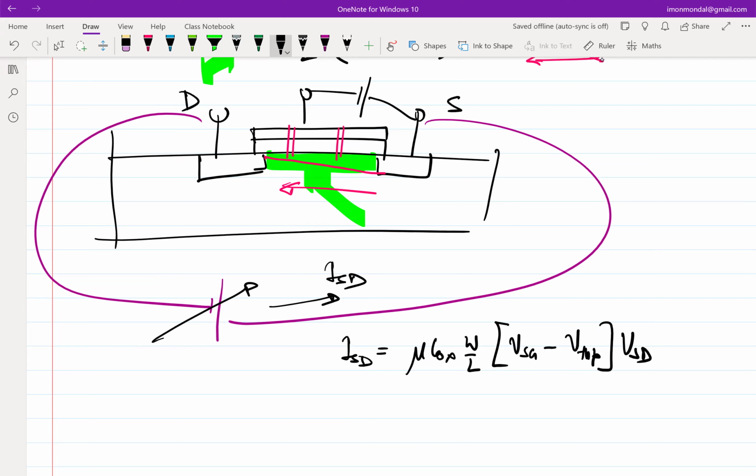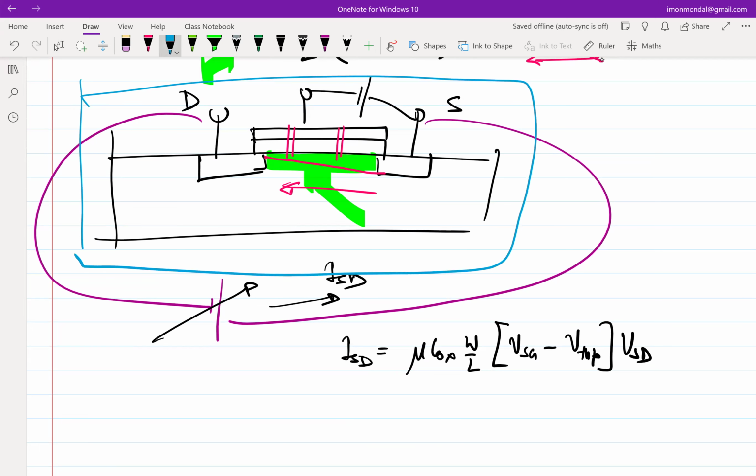So let's say this part is a black box, or a blue box in this case. If I change this voltage VSD, this battery voltage, and I observe ISD, what will be my conclusion? What type of device exists inside the box?